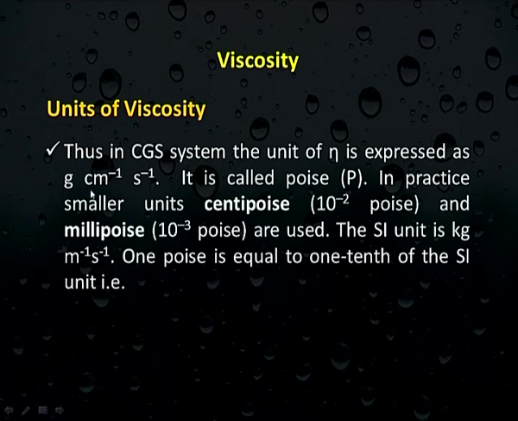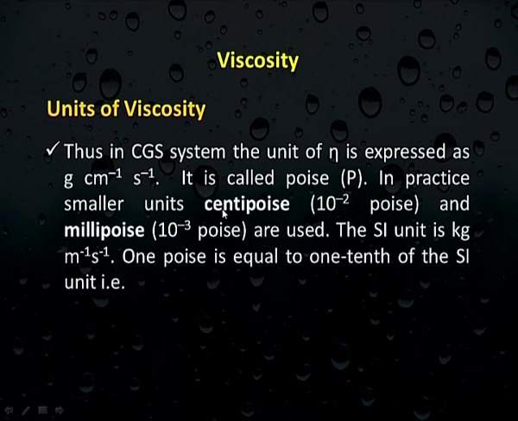Thus, in the CGS system, the unit of eta will be gram per centimeter per second, and it is known as poise. In practice, however, smaller units are more common, centipoise and millipoise.